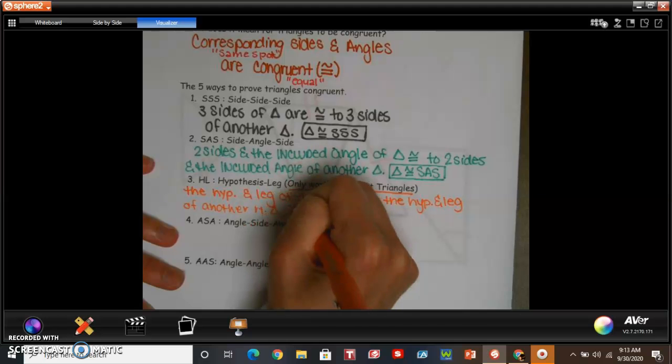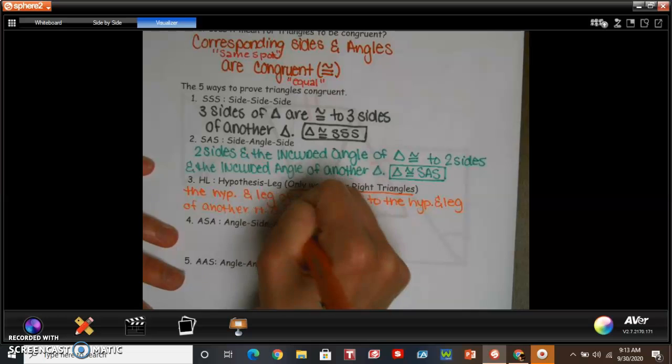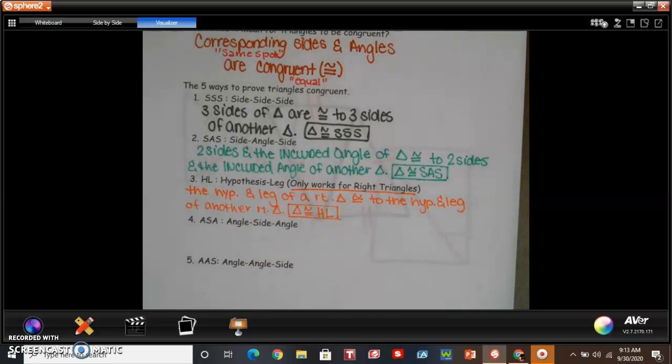Then those triangles are congruent by HL. Okay? Again, I'll be providing all types of visual examples.